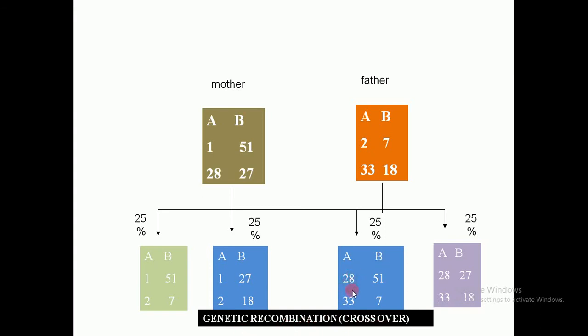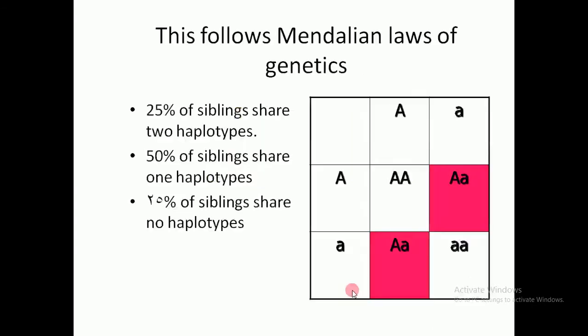There is chiasmatic inheritance, which is rare. So this follows the Mendelian laws of genetics, in which 25% of siblings share 2 haplotypes, 50% of siblings share 1 haplotype, and 25% of siblings share no haplotype.